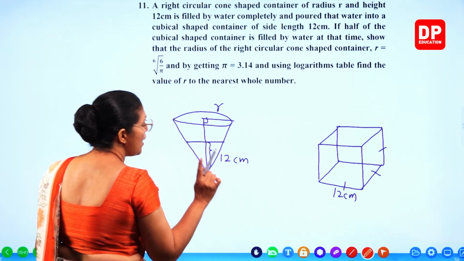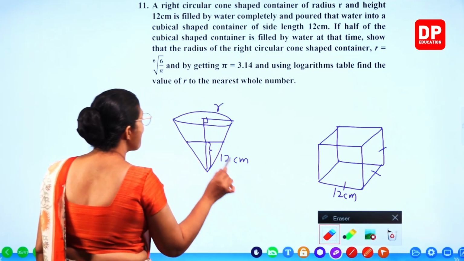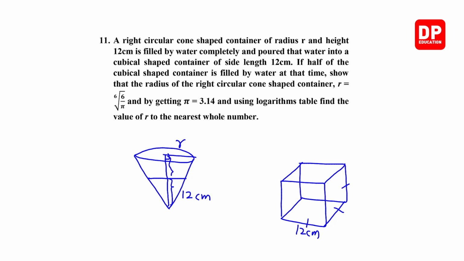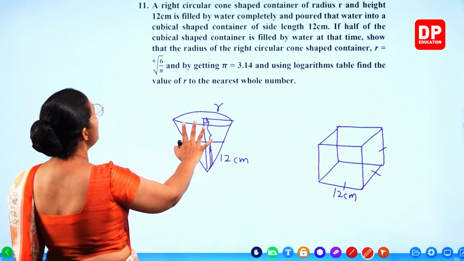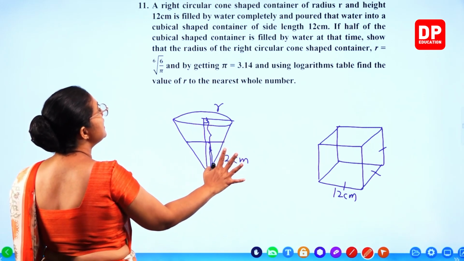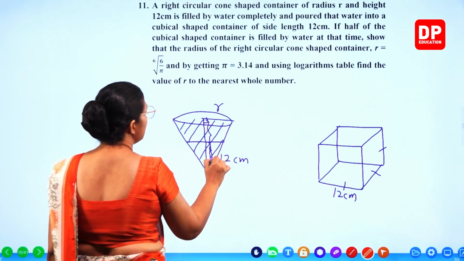The whole thing is 12. So I'll delete that part. A right circular cone shaped container of radius r and height 12 is filled by water completely. So this is filled completely.